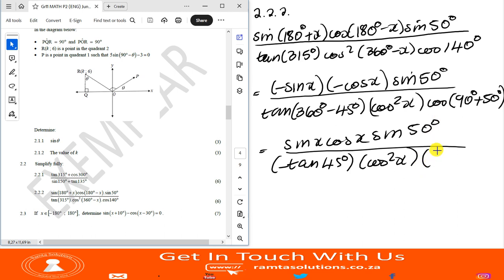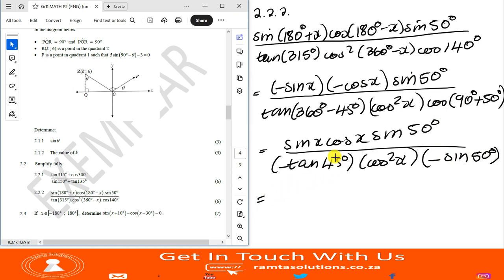Now cos in the 90 plus is the second quadrant, it's negative, so it will be negative. Because of the 90, cos changes to sine, so it will be negative sine 50 degrees.